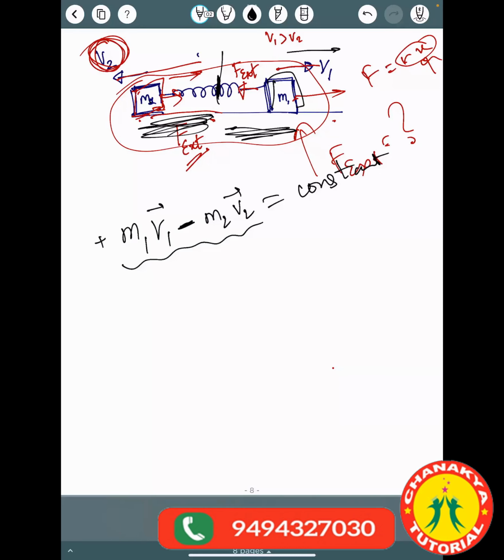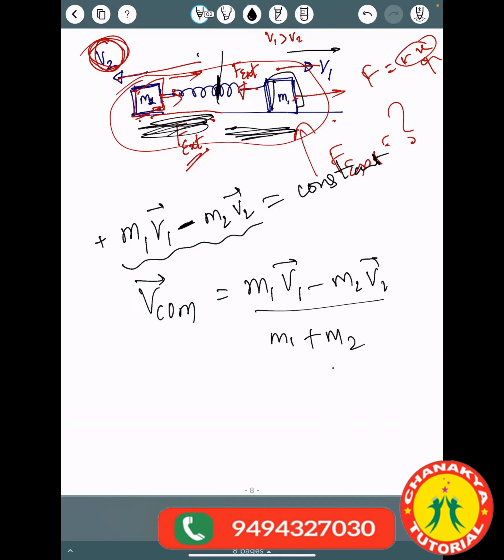So from here, can you calculate what will be the velocity of the center of mass? It will not change, right? Because there is no external force to change it. So its value will be m1 v1 minus m2 v2 divided by m1 plus m2. Correct?